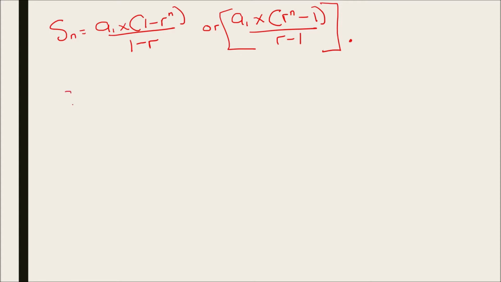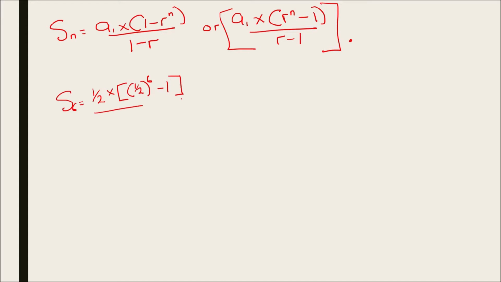So the sum of the first 6 terms: what's our A1? 1 over 2. Let's put everything in brackets so we don't get confused. Times a square bracket, 1 over 2, that's our R, to the power 6, minus 1.